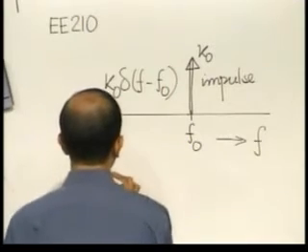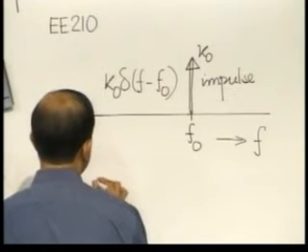What is the inverse Fourier transform of this? What is the corresponding xt?